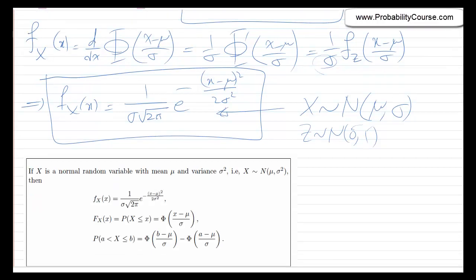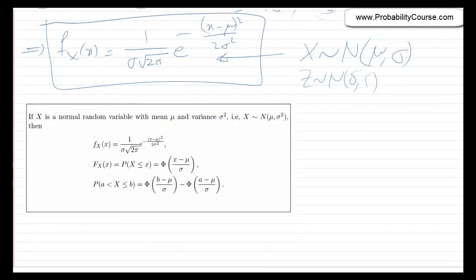Okay, so let me summarize. This kind of summarizes all the PDFs and CDFs. If x is normal with parameters mu and sigma squared, then its PDF is given by this formula. Its CDF is given by this, which is phi of (x minus mu) over sigma.